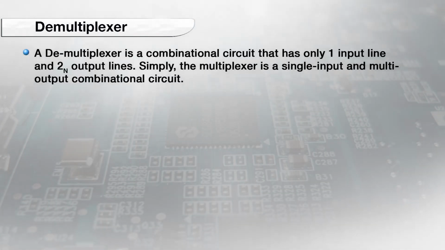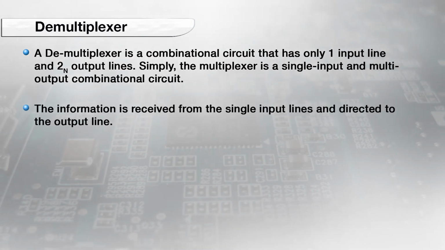A demultiplexer is a combinational circuit that has only one input line and 2 to the power of n output lines. Simply put, the demultiplexer is a single input and multiple output combinational circuit. The information received from the single input is directed to an output line.